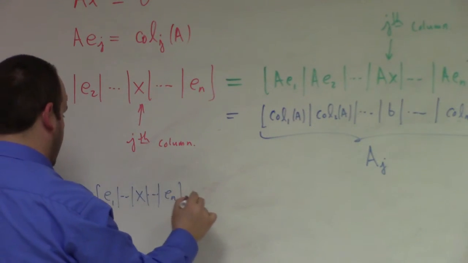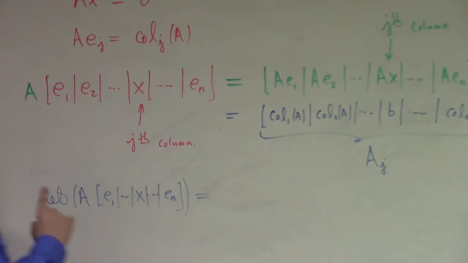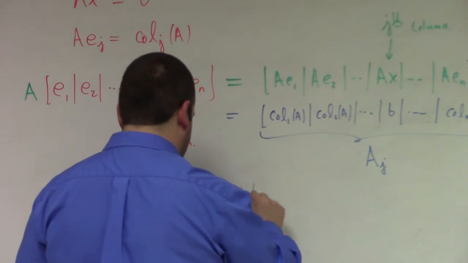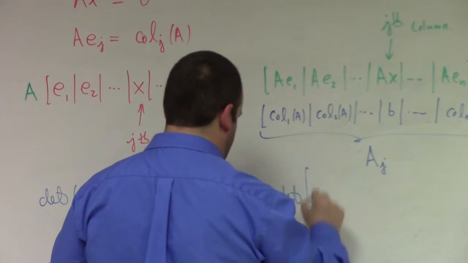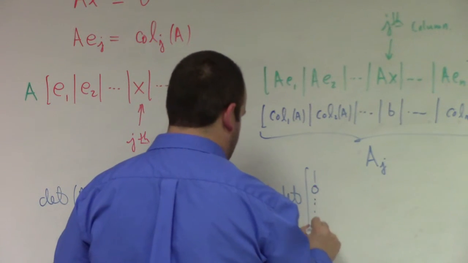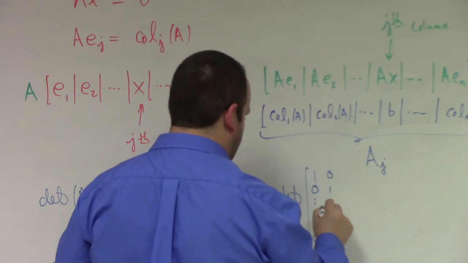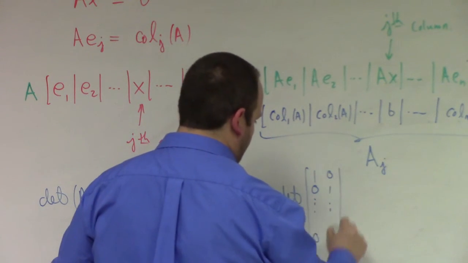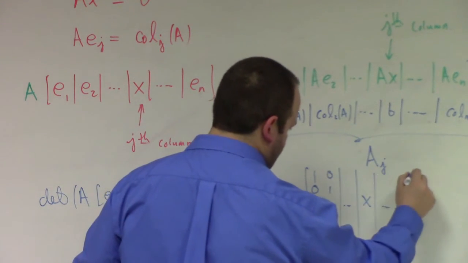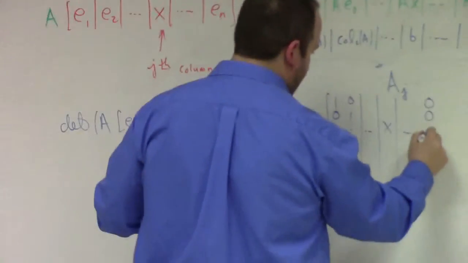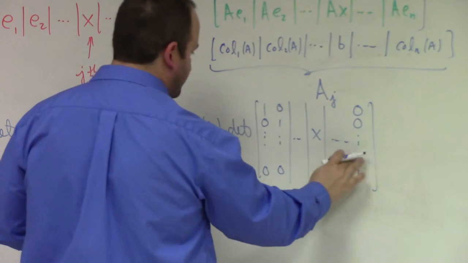All right, so the determinant of a product is what? Product of the determinants. So that's the determinant of A times the determinant of the matrix with columns 1, 0, dot dot dot, 0, then 0, 1, dot dot dot, 0, and so forth until you get to X, and so forth until the last column being 1, like so.